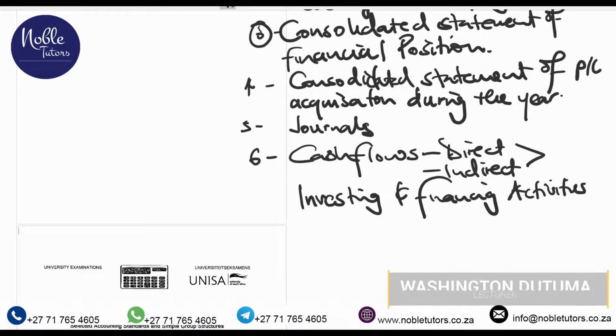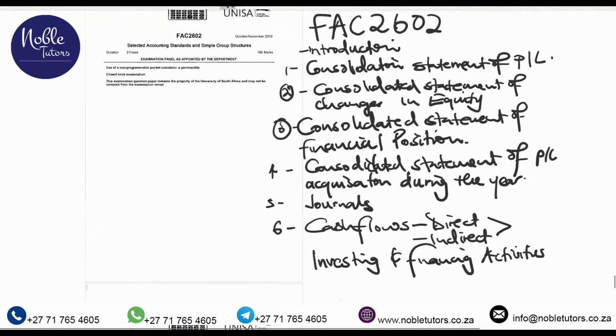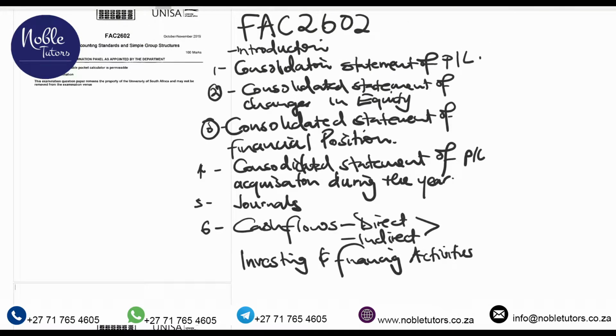These are not consolidated cash flows. Consolidated cash flows you're going to see in a later module. Please take note that this is not a consolidated statement of cash flows. Then I think this is our whole syllabus.